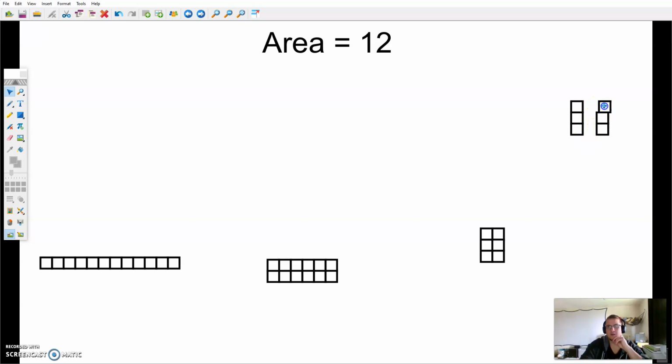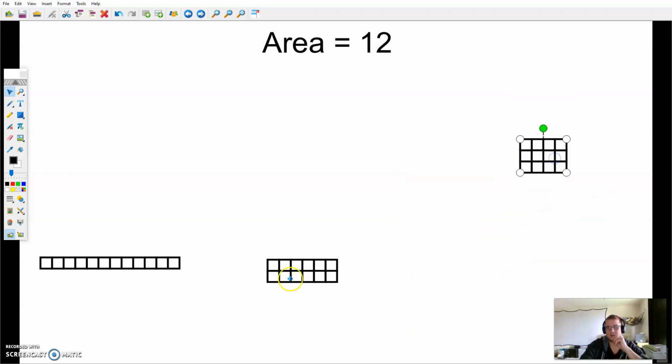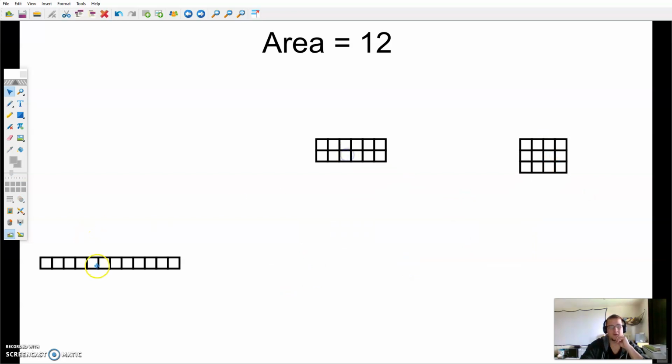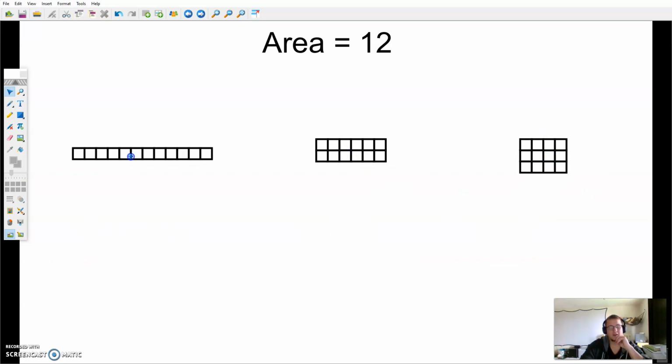Then I'm not dragging quite as far. Struggling to line that up there. Okay. And one more. Okay, so we've got 3 by 4 there, and again I'll just make it as 1. So now I've got a rectangle that's 3 by 4, I've got one that's 2 by 6, and I have one that's 1 by 12.